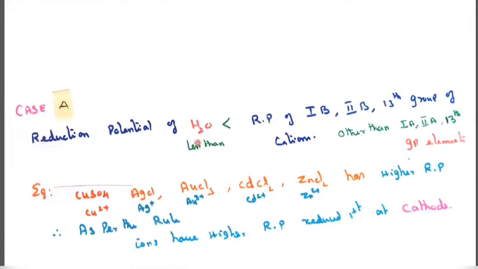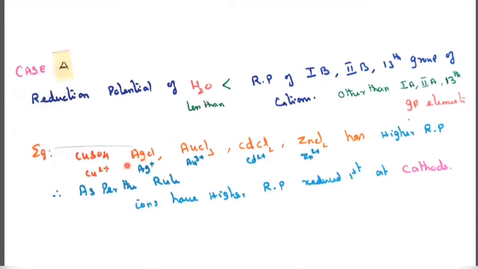So let us see this case A. In the aqueous solution, the reduction potential of water is less than that of these group 1B and 2B ions, for example Cu2+ from copper sulfate, Ag+ from silver chloride, Au3+ from auric chloride, Cd2+ from cadmium chloride, and Zn2+ from zinc chloride, which have a higher reduction potential.